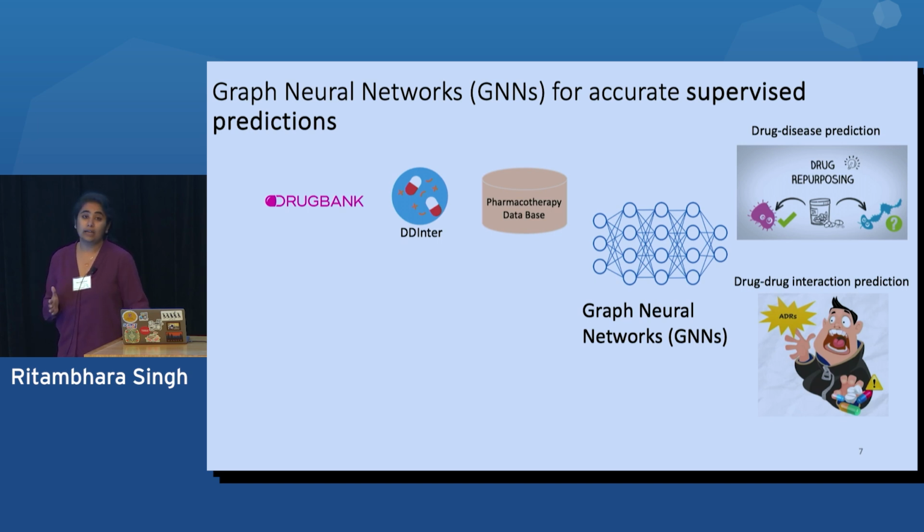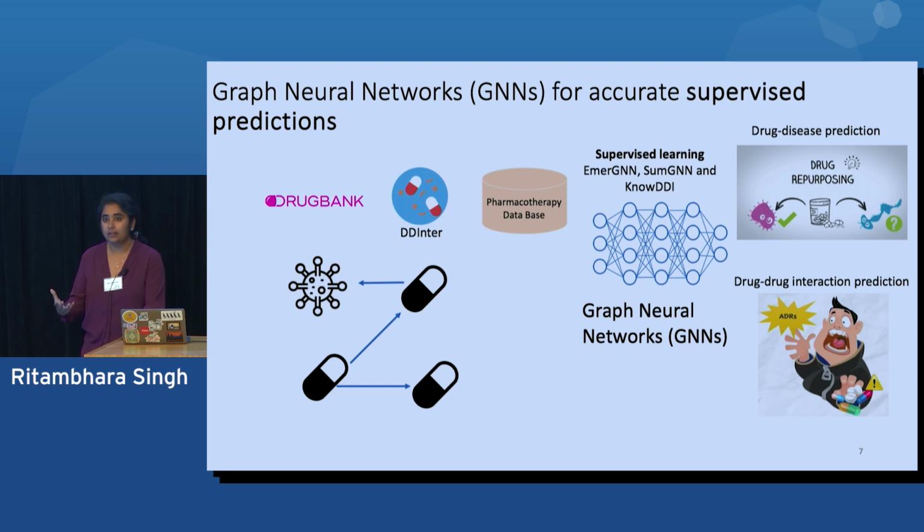The deep learning architecture which is very popular in this space is known as a graph neural network. These deep learning models are very effective at modeling graph information. The existing methods basically do these prediction tasks in a supervised learning manner. What I mean by that is you build a graph using all these different databases, and they have some existing information of what interacts with what, for example, between drugs and diseases.